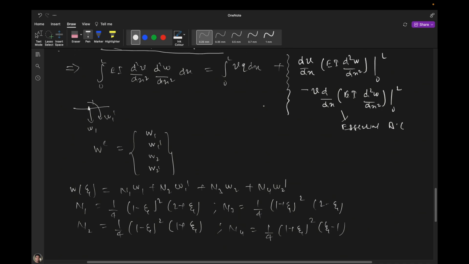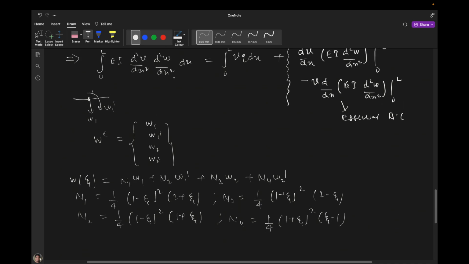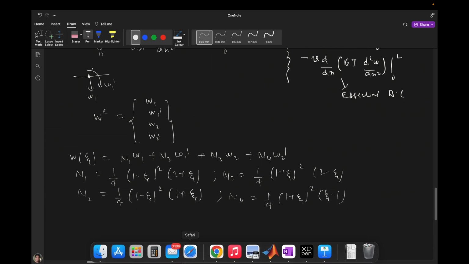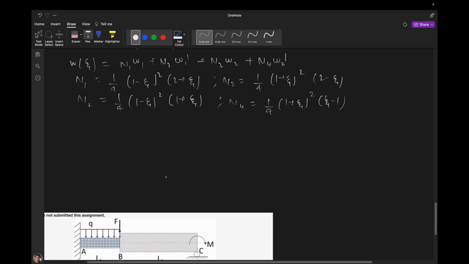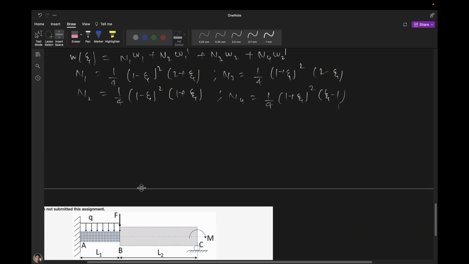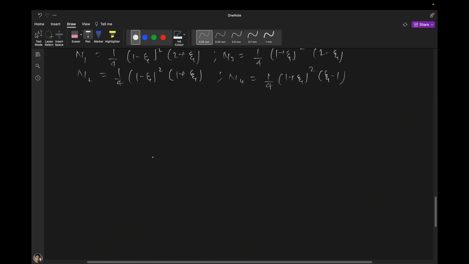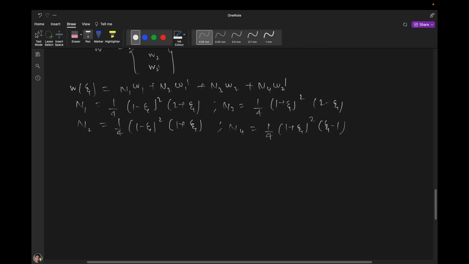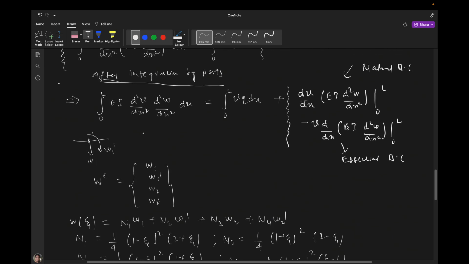Now we saw that we have to substitute d2w by dx square, which is exactly the same as d2N by dx square.